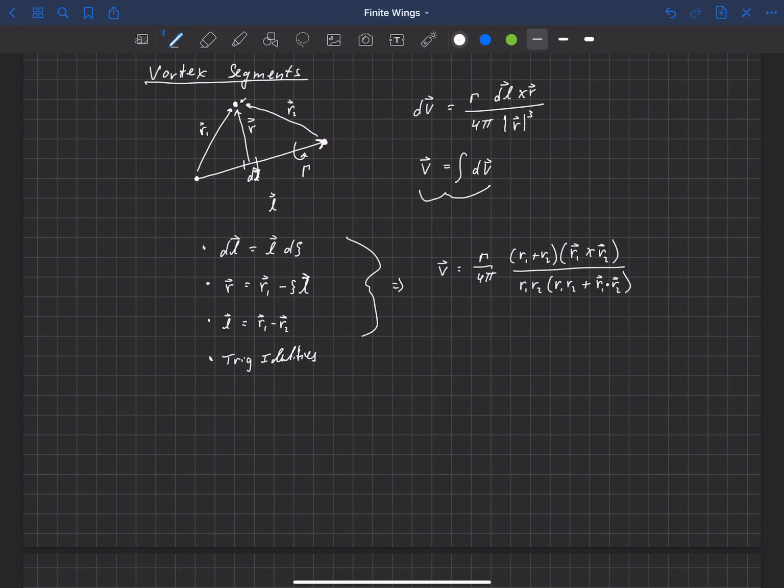This is a really useful equation that we're going to apply in this numerical lifting line algorithm.